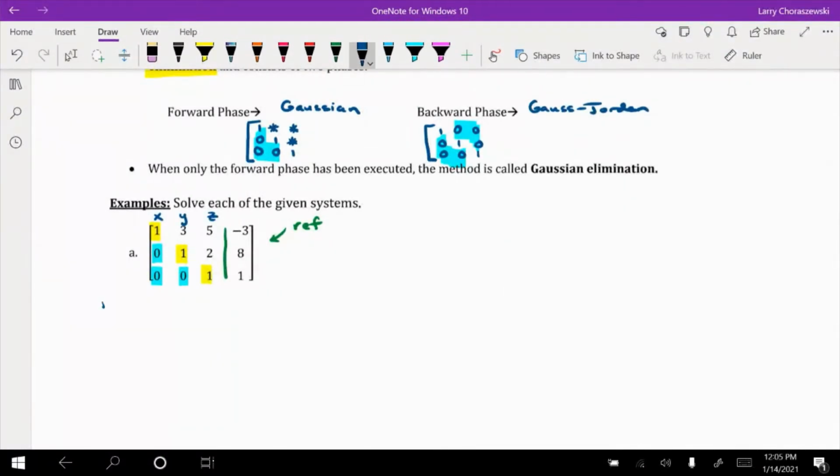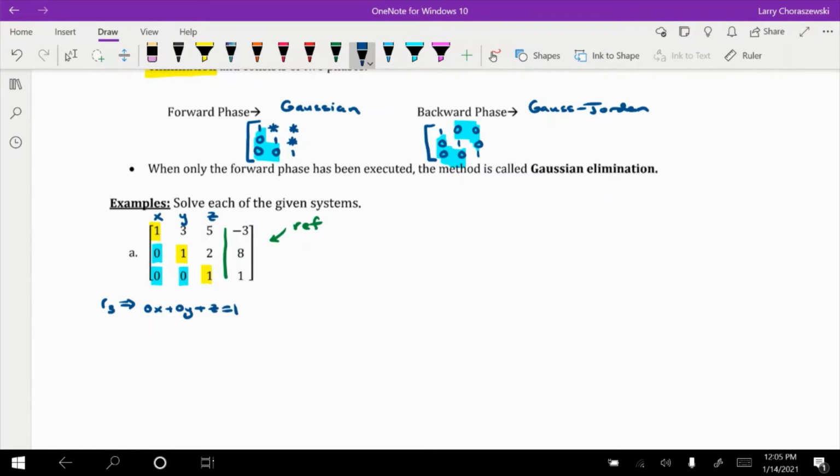I'm going to pick on row 3 for a minute. Row 3 tells us that 0x plus 0y plus z equals 1, so 0x plus 0y plus 1z is equal to 1.